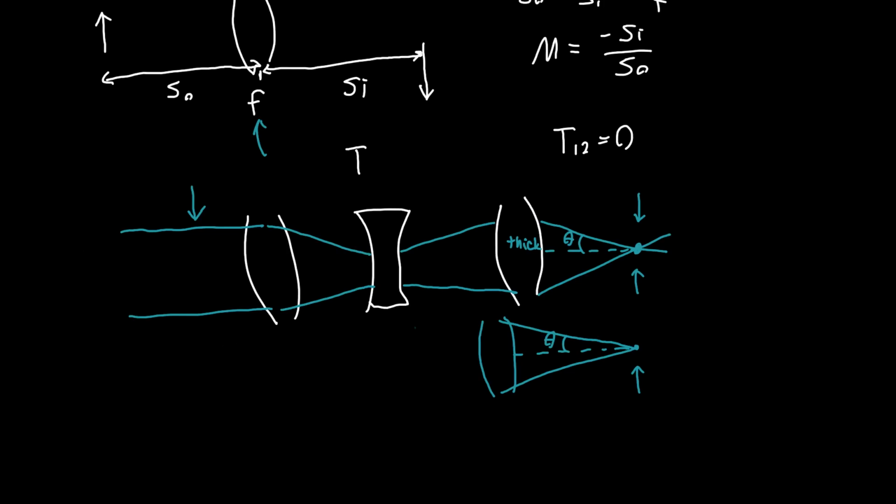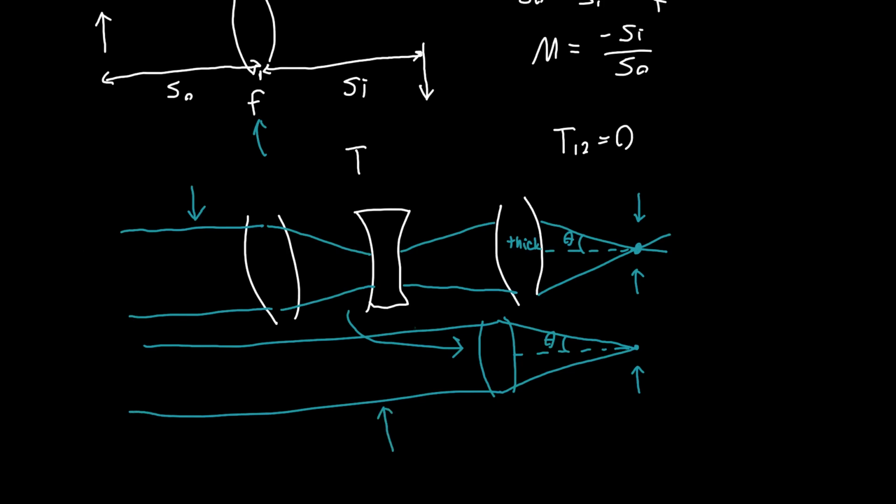So maybe we can take all these lenses and simplify them into a single lens. And obviously this won't act like the same optical system everywhere, because if we look at what the rays look like here, on the bottom there are still parallel rays, but on the top they might be some ugly converging or diverging angle, we don't really know. So this is only going to be valid outside the boundaries of the optical system.